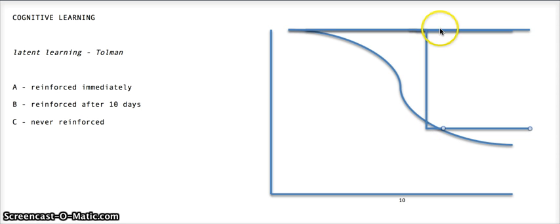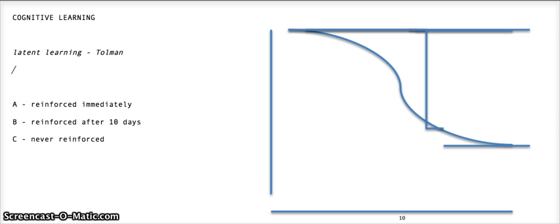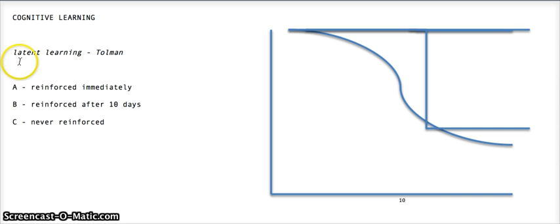Once they started getting the cheese, it wasn't that they started learning at that point. It's that they basically became exactly like this original group. What Tolman was showing here was latent learning. Latent learning is learning that remains hidden until it becomes useful to show it.